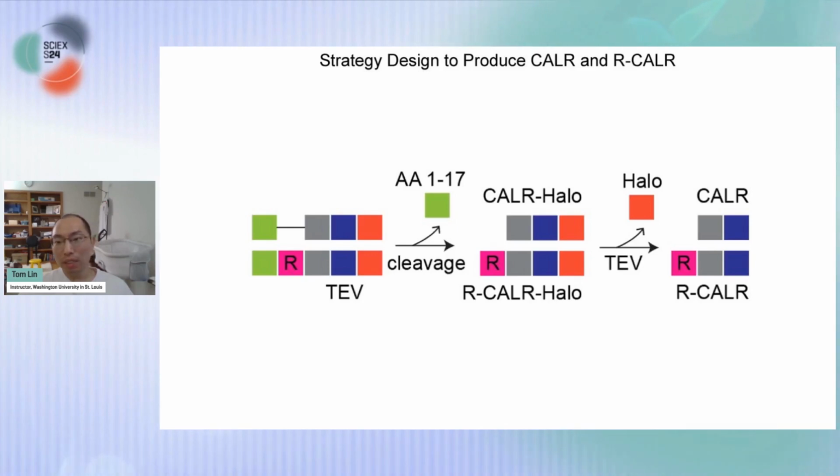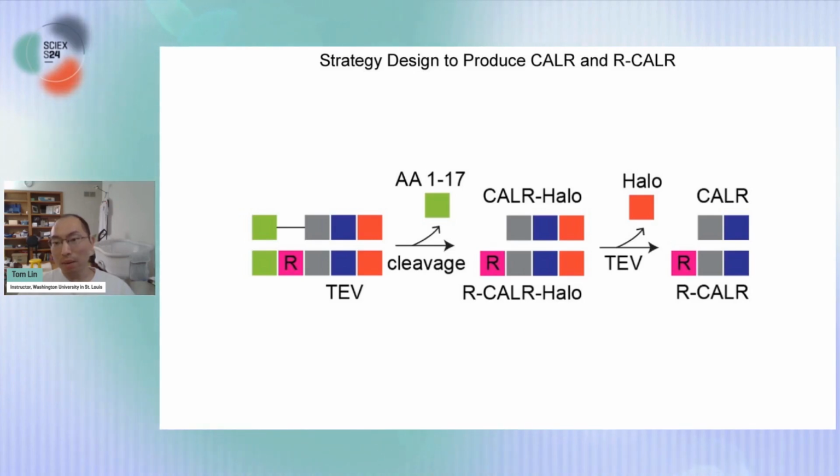Using this way, the cells will cleave the signaling peptide after the transfection, and then produce the wild-type and the arginylated calreticulin. The Halo tag on the calreticulin in the middle will be cleaved with the TEV protease to produce the wild-type calreticulin and arginylated calreticulin.